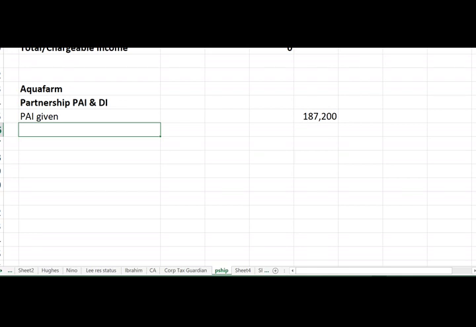Okay, now let's try this Aqua Farm. Now we have 3 partners, so you're supposed to minus partners' entitlement, and then the partners will be Henry, Kelvin and Michael.